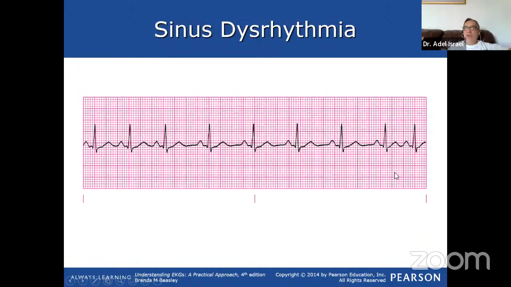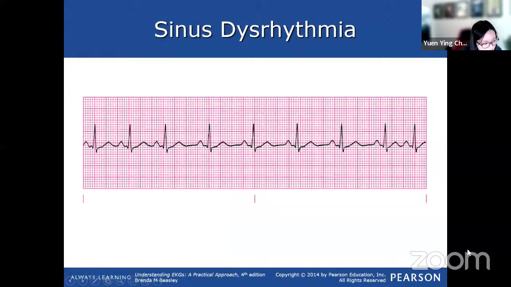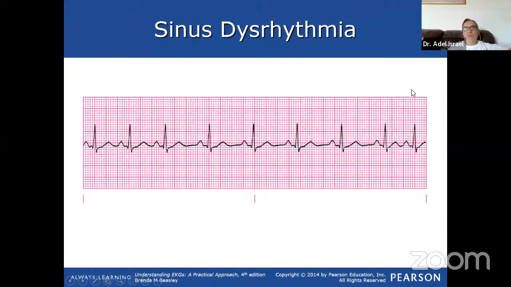Okay, who can go through these slides? Yes. Okay, go. So the heartbeat is 90. Very good. 1, 2, 3, 4, 5, 6, 7, 8, 9. Very good. 90 beats per minute.